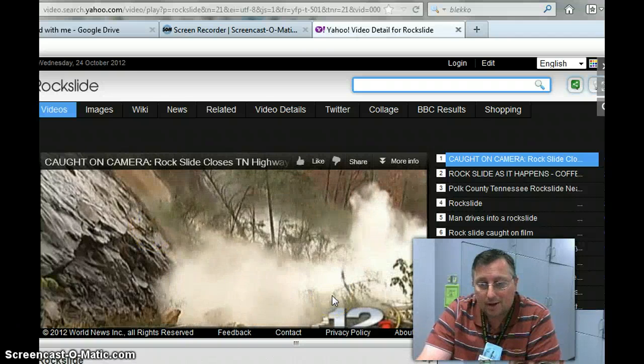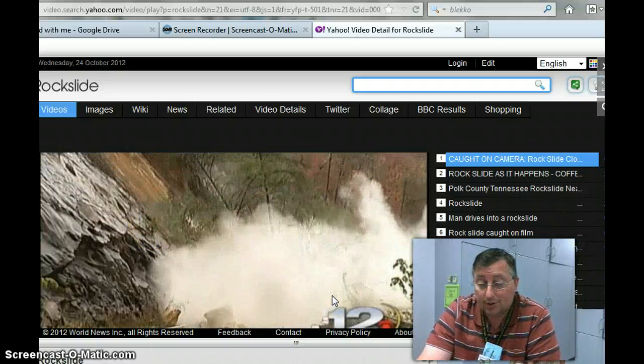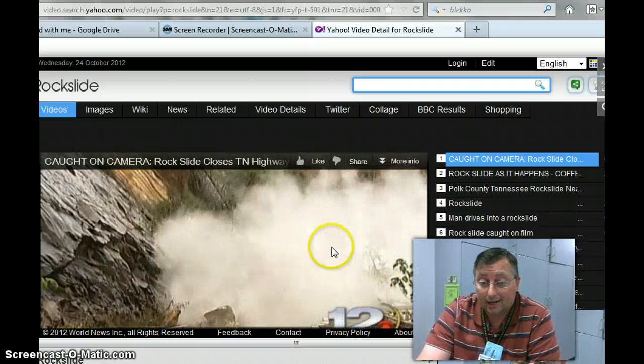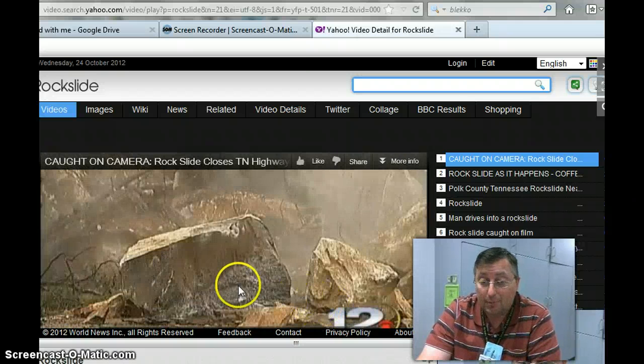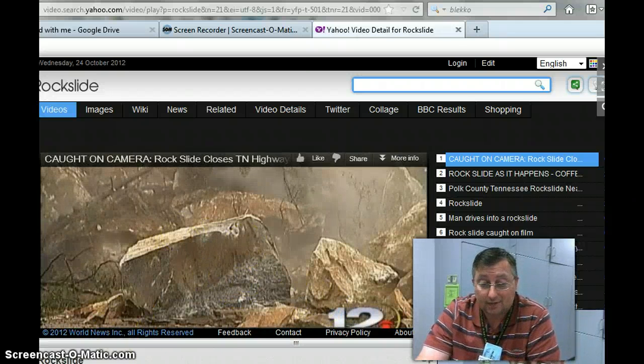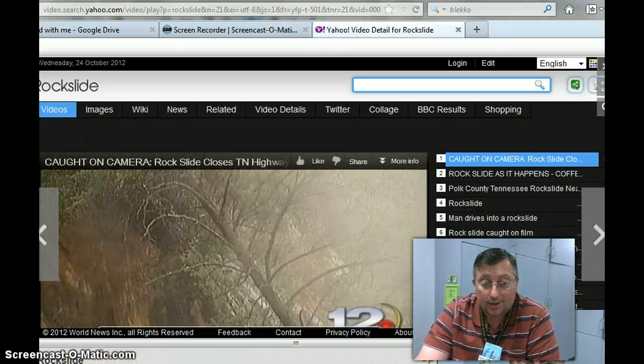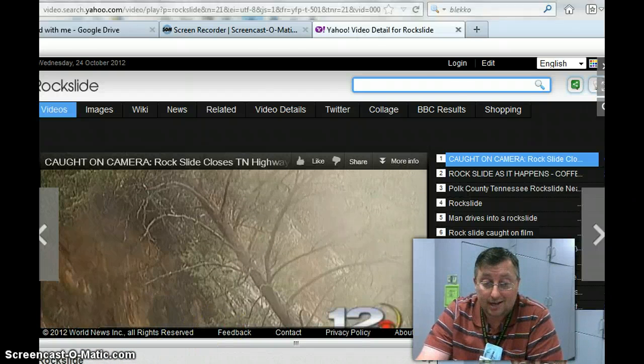The whole side of the mountain here slides down over the road. Now they had just got done clearing out an area that was stone just minutes before, and now you can see all of that. So, you can see rock slides just show a lot of damage.